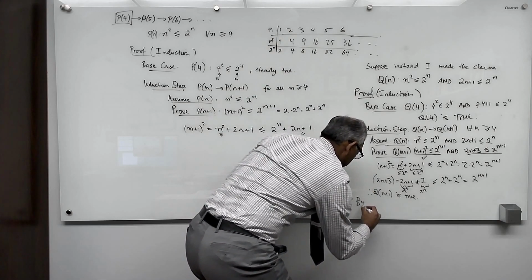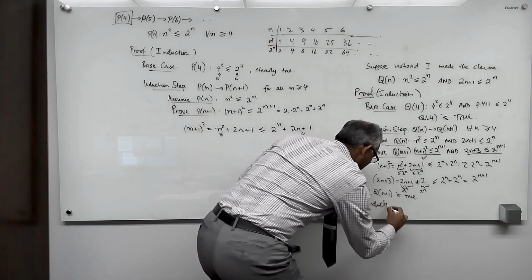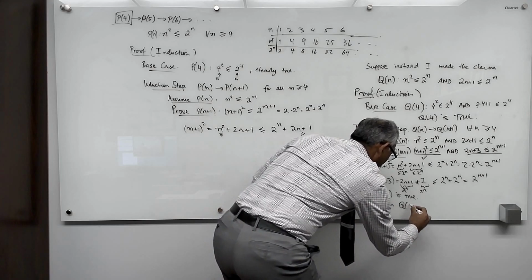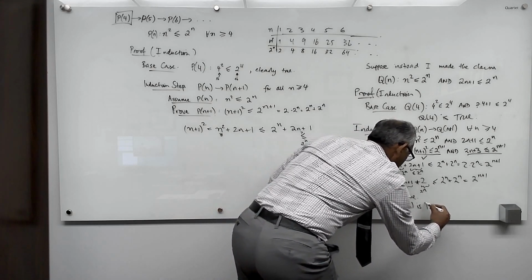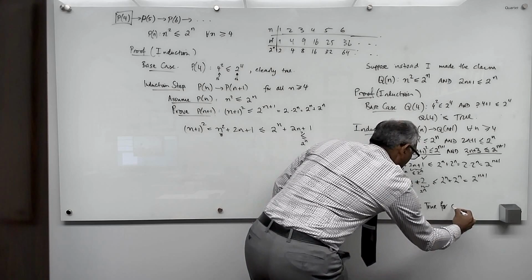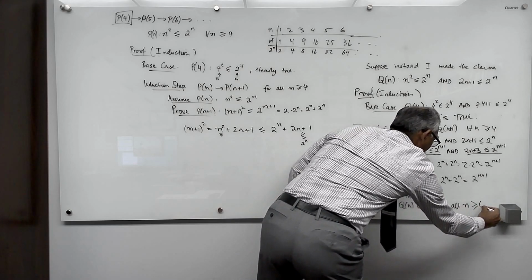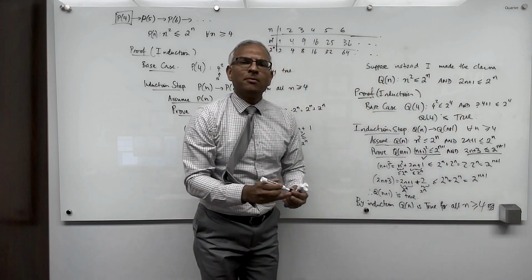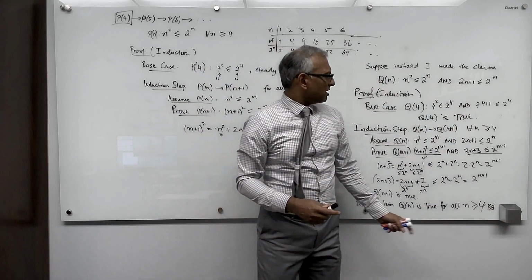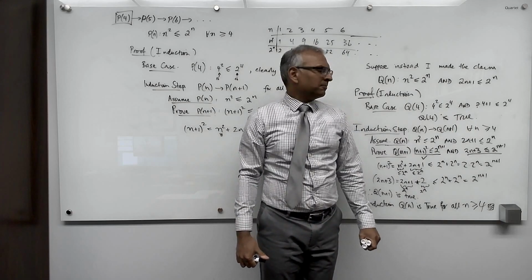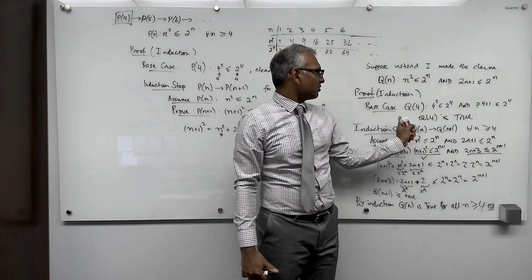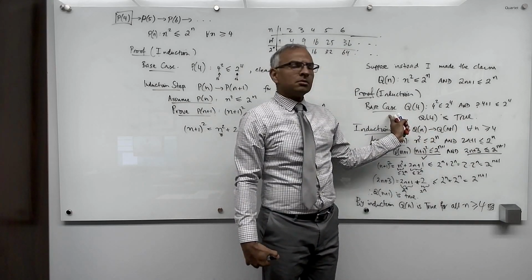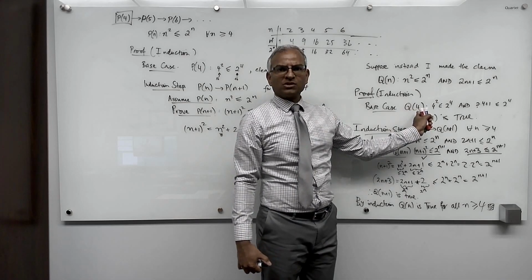By induction, Q of n is true for all n greater than or equal to 4. And why 4? Because I only proved this implication for n greater than or equal to 4, and my base case was n equals 4.